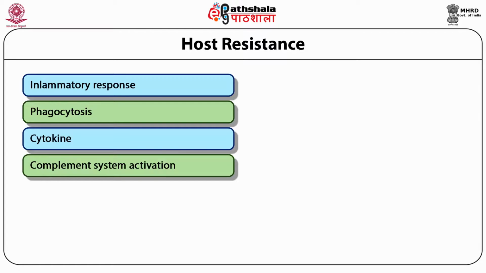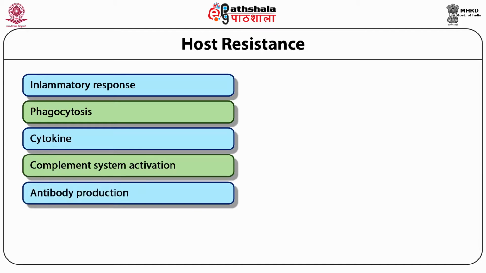And the last is antibody production. So our B cells get converted into plasma cells, and these plasma cells secrete specific antibodies. These specific antibodies bind to the epitopes on the surface of the pathogen and thus prevent its growth and kill it. So we can say the host also exhibits a high amount of resistance to pathogens.